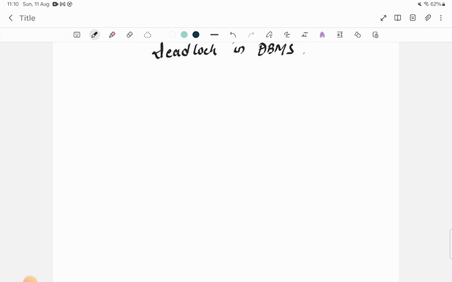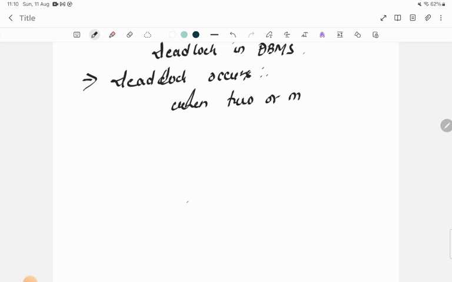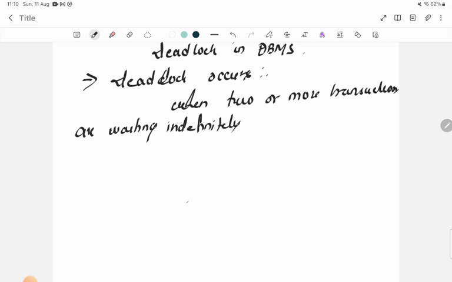So in DBMS, deadlock occurs when two or more transactions are waiting indefinitely for resources locked by each other.